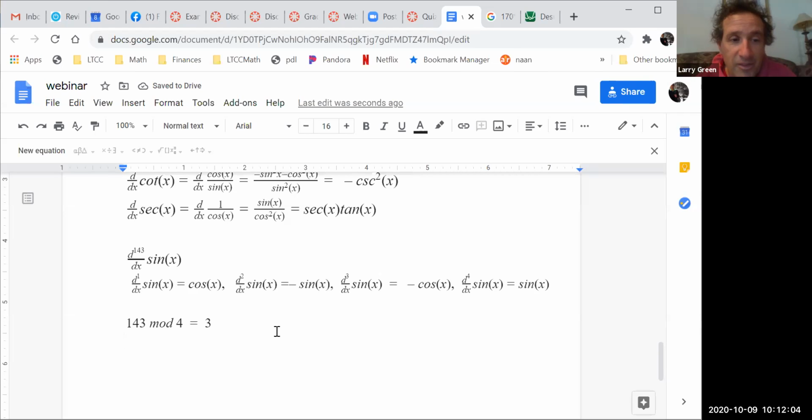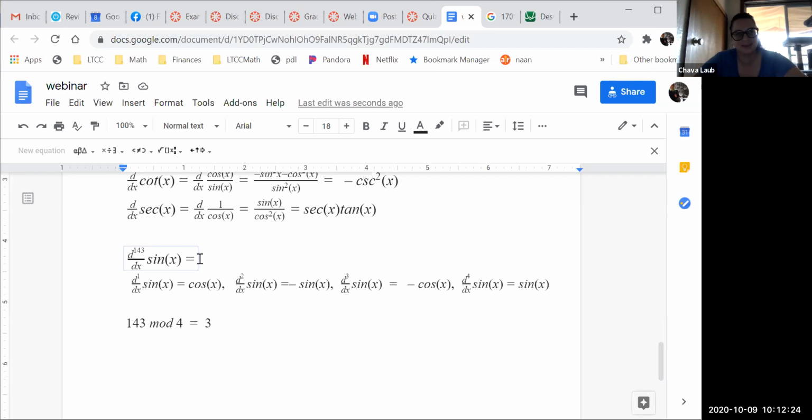Okay, so now we can answer the question. What's the 143rd derivative of the sine of x? Negative cosine x. It's a negative cosine x because it's the same as the third derivative of the sine of x.